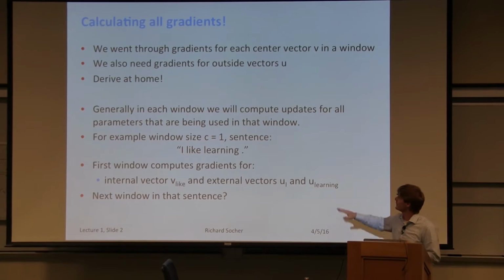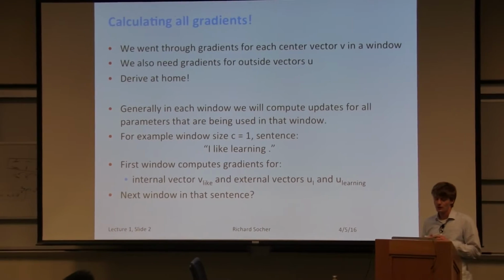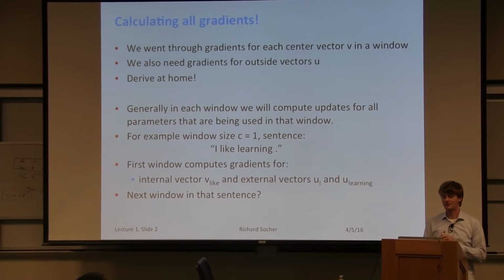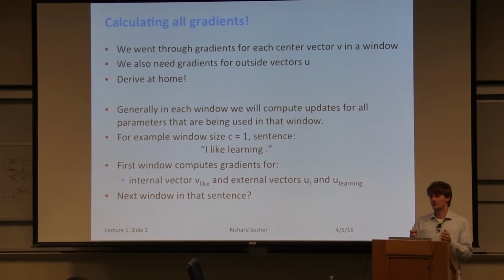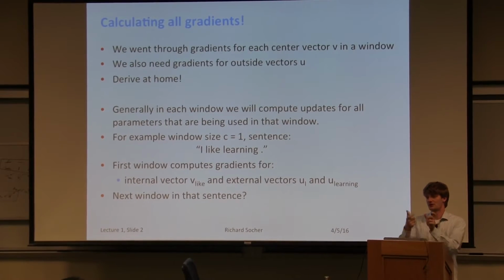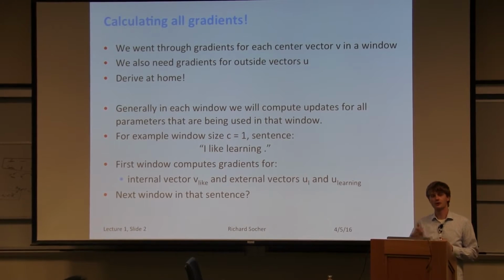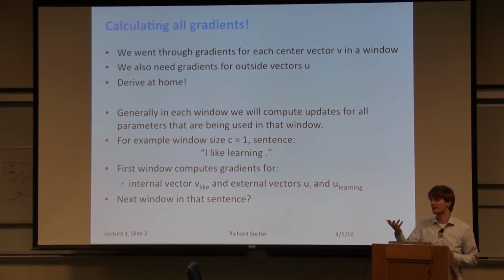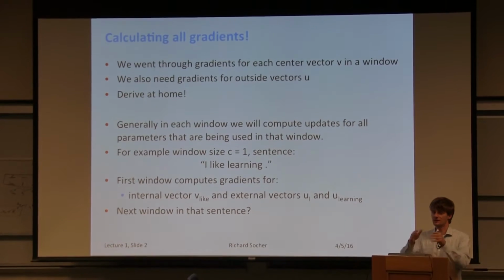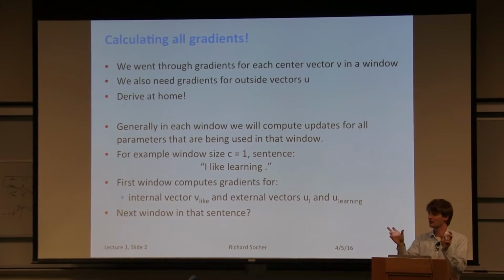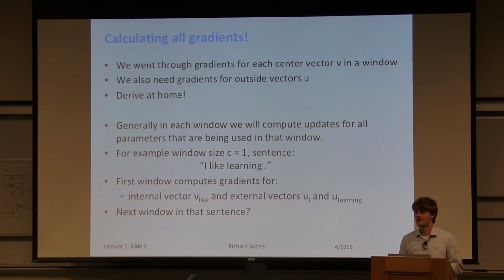Okay, so generally when we write that, in each window we'll compute the updates for all the parameters that are being used in that window. It'll mostly be all the outside vectors and the one inside vector. And then you move one over. Now, what used to be an outside vector will be an inside vector, and some of the outside vectors, depending on your window size, might still be shared in each window.